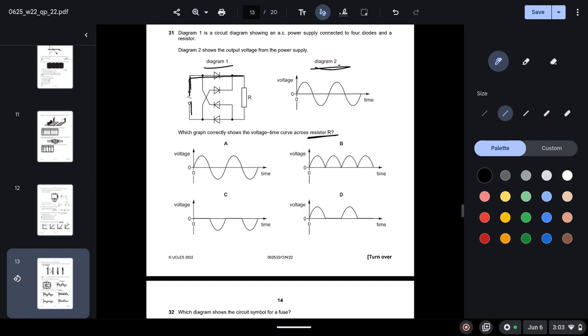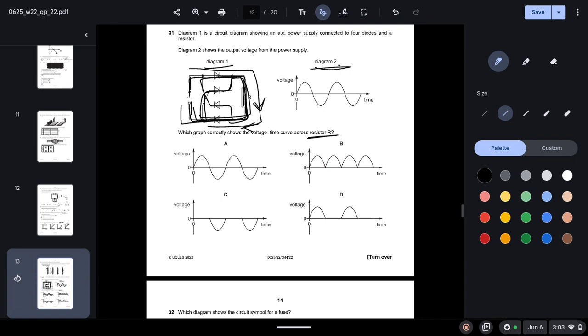The current will flow like this, and also like this. Similarly, if you take it from this side, the current goes like this. So we can see that regardless of which direction the current flows, the direction is always this way.